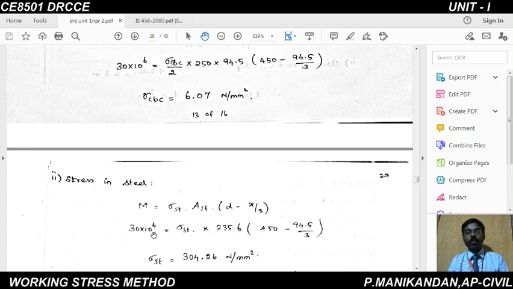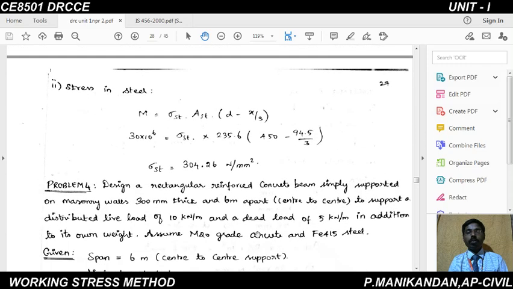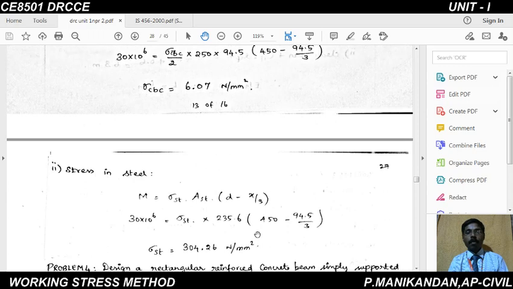So 30 into 10 power 6 is equal to sigma ST into AST, which is 235.6, into d, which is 450 minus x, which is 94.5, divided by 3. By solving this equation we get sigma ST is equal to 304.26 Newton per mm square.